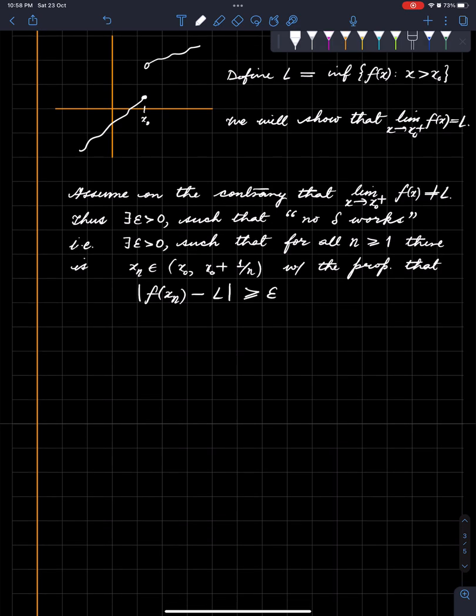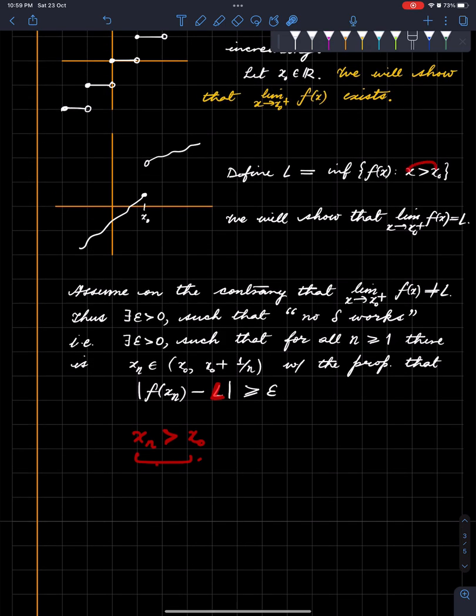But note that since xn is greater than x0 and L is the infimum over all x's exceeding x0, in particular, this set already contains f(xn) because xn is greater than x0.